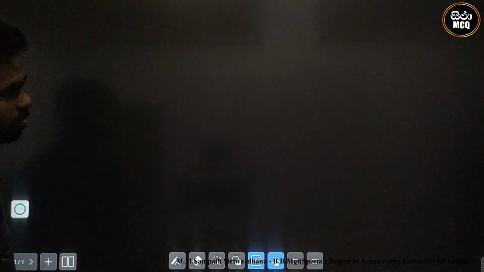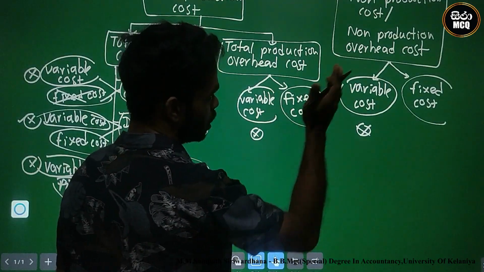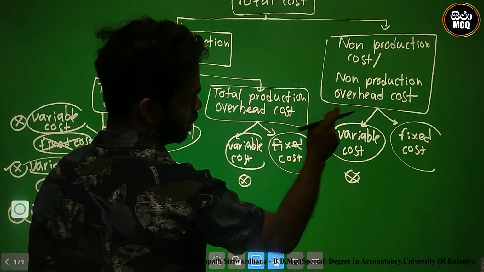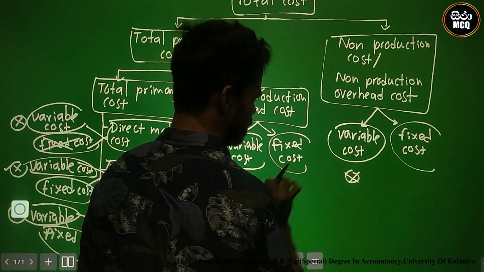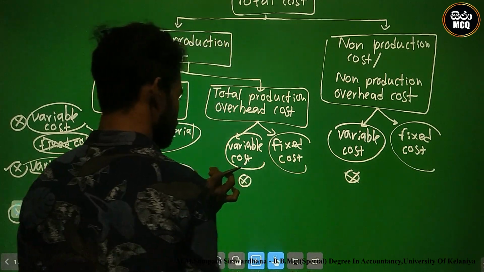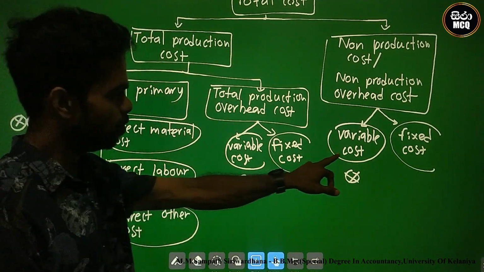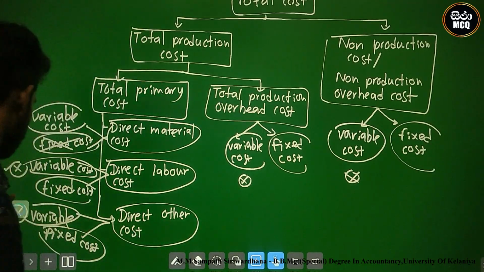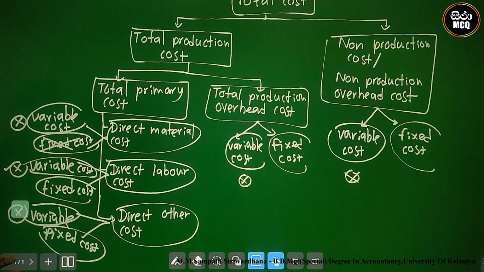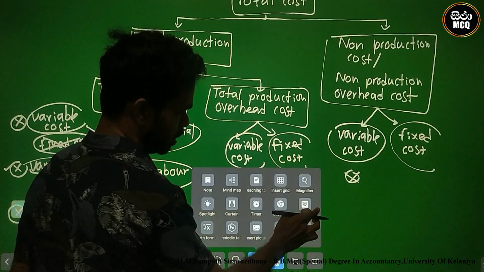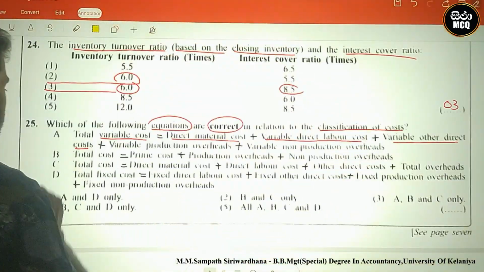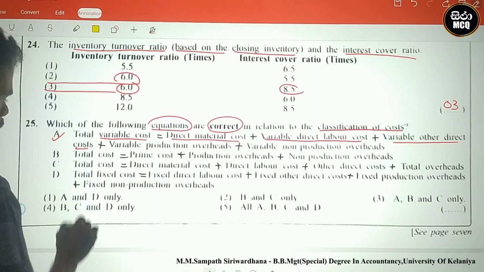So all are variable costs. Therefore, this equation is correct. All variables are identified. A is correct.